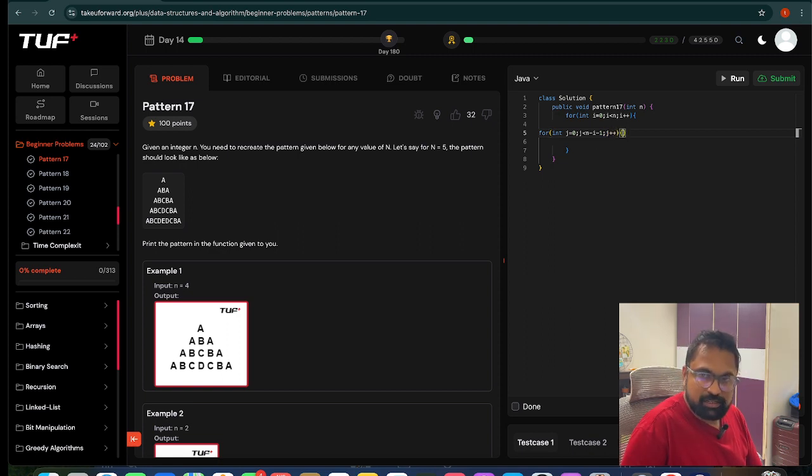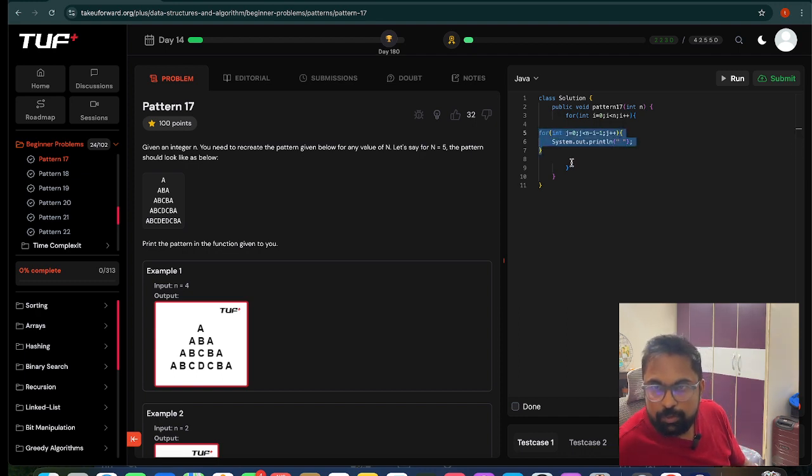Then inside that we'll do System.out.print. Just copy paste this here.